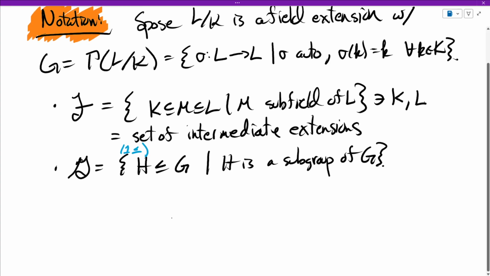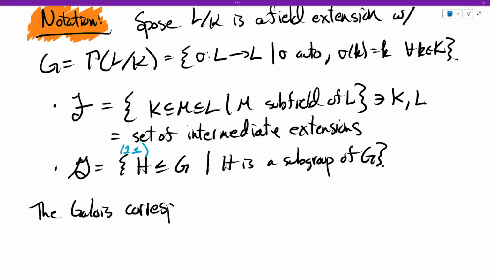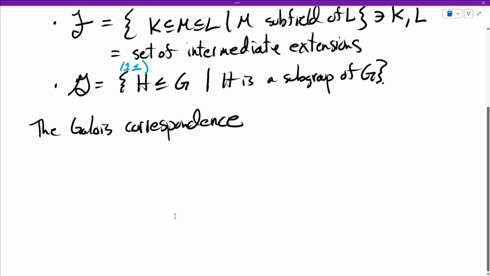All right, so we have these mappings. The Galois correspondence itself was mappings. And I'm going to use the notation of your book.